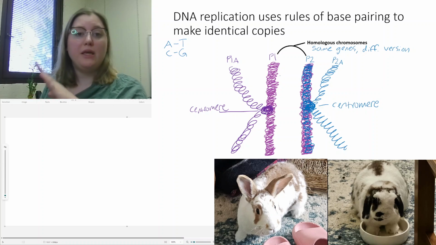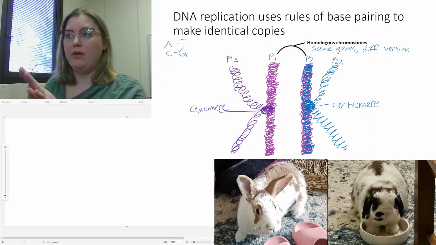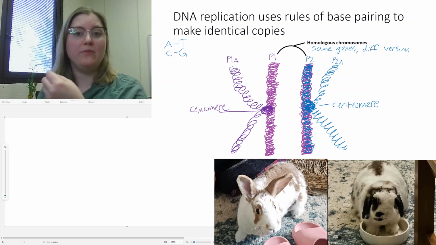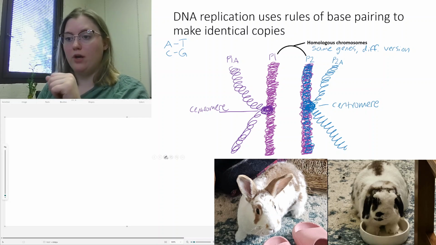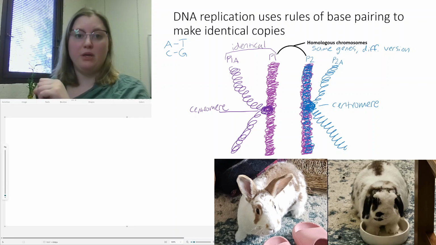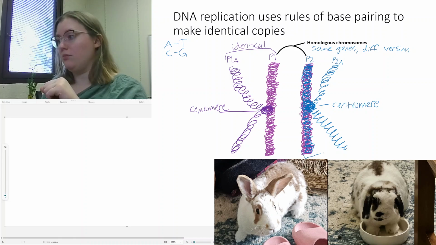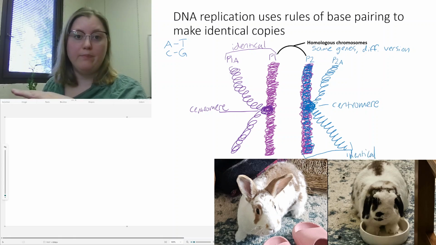So if P1 was completely exactly copied, then P1A is going to be identical to P1. And P2 was exactly copied to make P2A. So P2 and P2A are going to be identical, right?